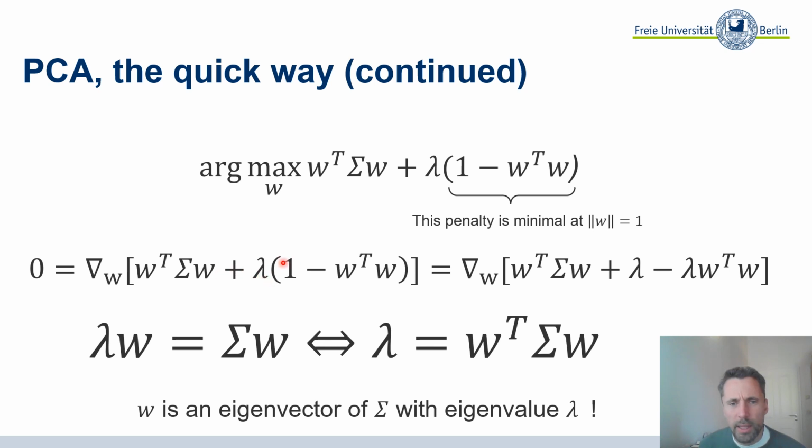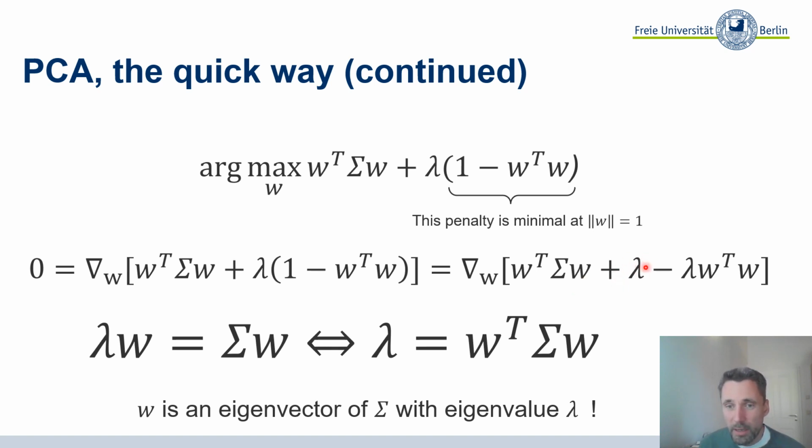So plus lambda minus lambda W transpose W is what we simplify this to. And then the nabla operator, that's the derivative, the partial derivative, the gradient of this with respect to W, can be distributed into each of these terms here.